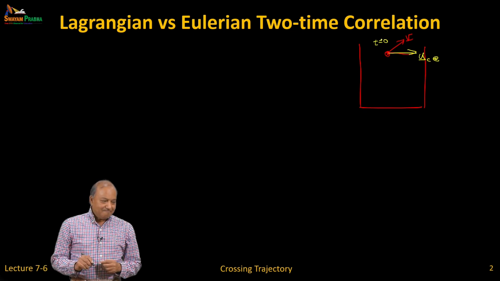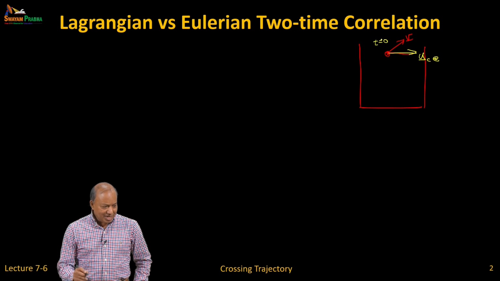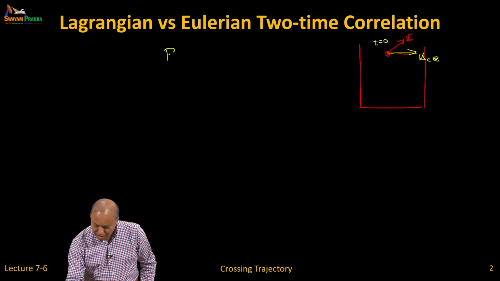So the first thing, which we did in the last lecture, is R_ij.